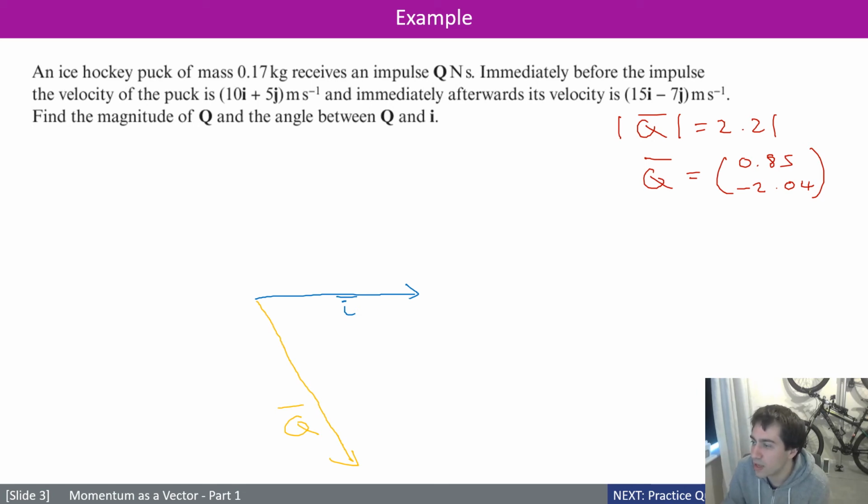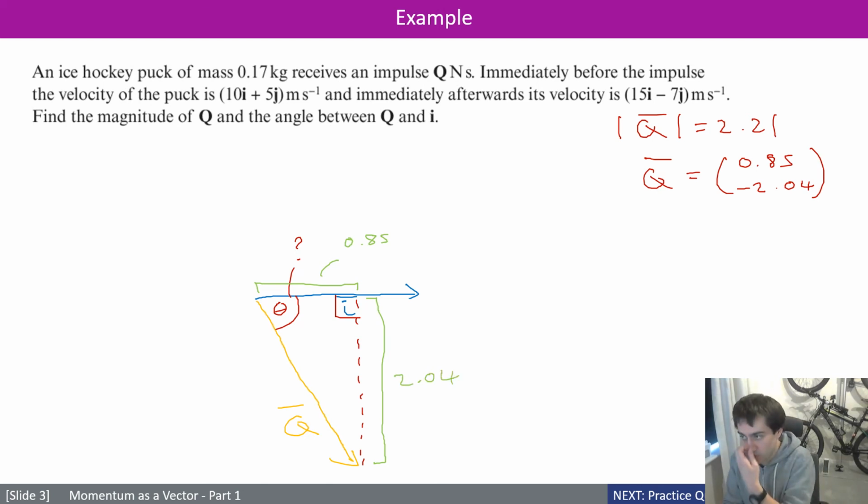So then we just want to find the angle. That's what we're being asked to find. To do that, just create a triangle, effectively. We're creating our right angle triangle. We know that this distance here is 0.85, and this distance here is 2.04. I've just written it as a positive value because now I'm thinking of the geometry, so I'm talking about the length.